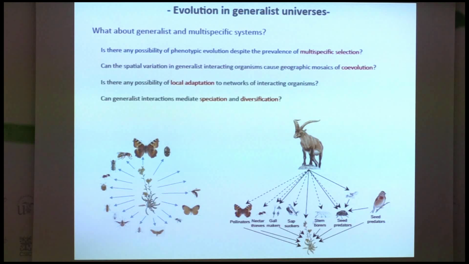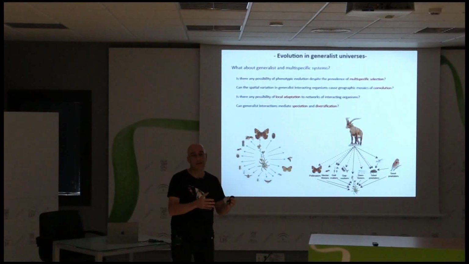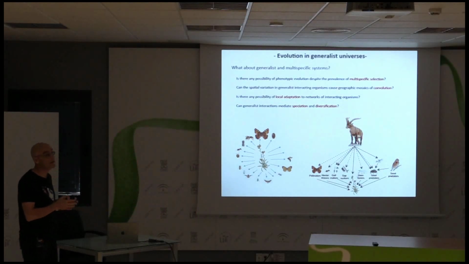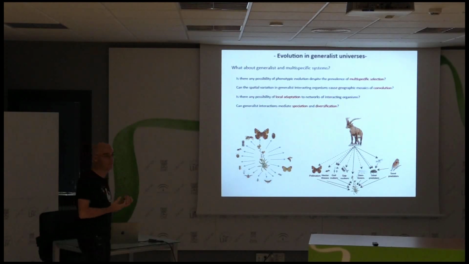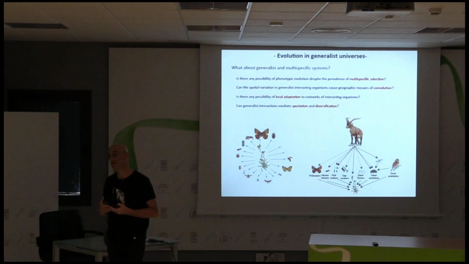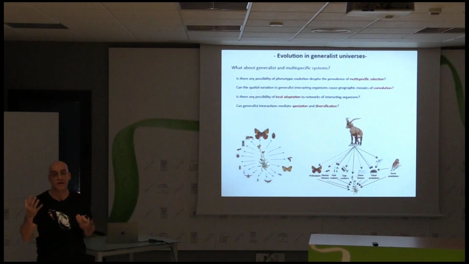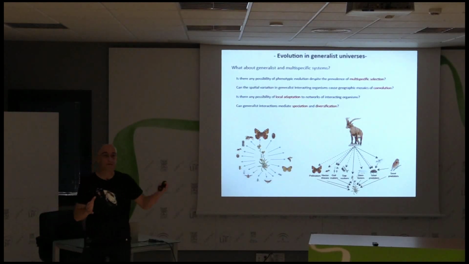Is there any possibility of coevolution to occur in those systems in which more than one single species interacts with the same plant? Is there any possibility of local adaptation to occur at the meso scale, and even to give rise to different ecotypes, in this kind of system in which the plant is interacting with a network of organisms? Can generalist interaction mediate speciation and diversification? Is there any significant association between species diversification and type of pollination niche when the whole system is generalist?